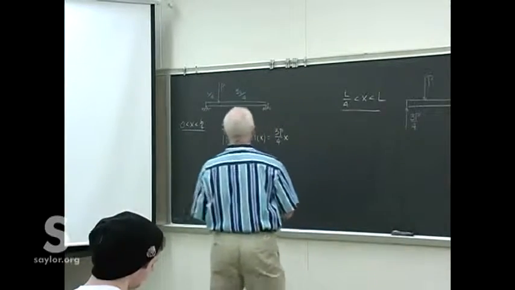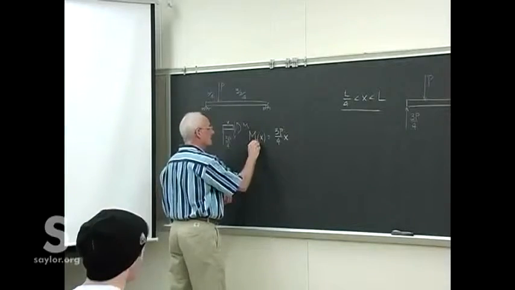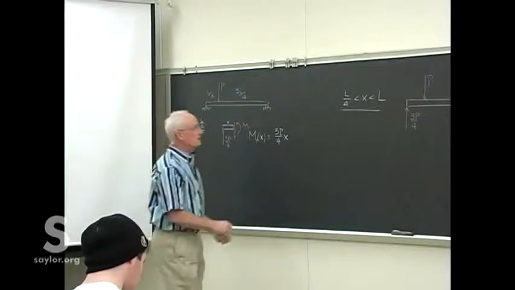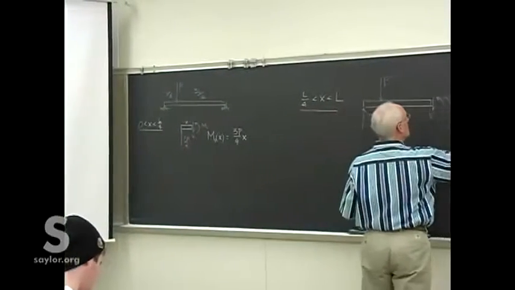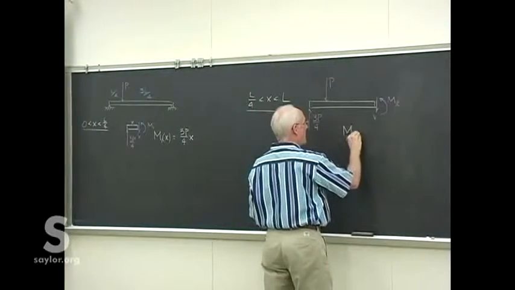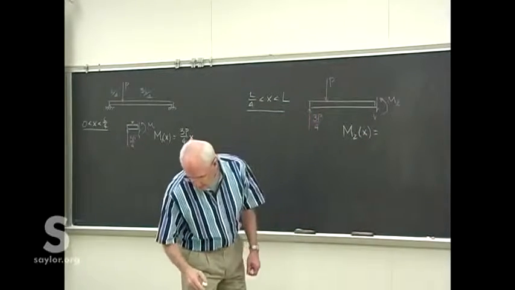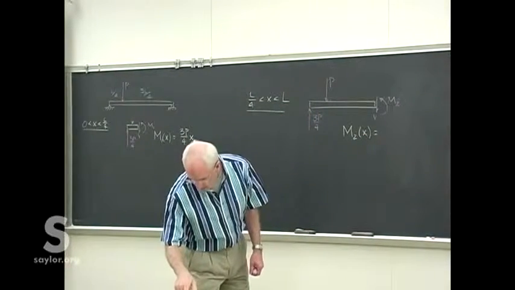And let's do this. Let's call this M1, because we're going to have 2 of these M's, since we have 2 sides of the beam. So this will be M2. And just figuring out what that moment should be.